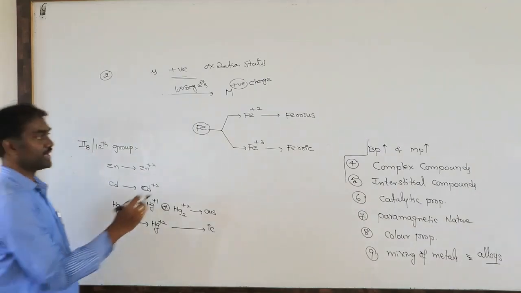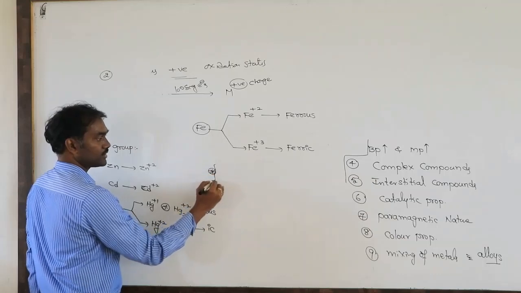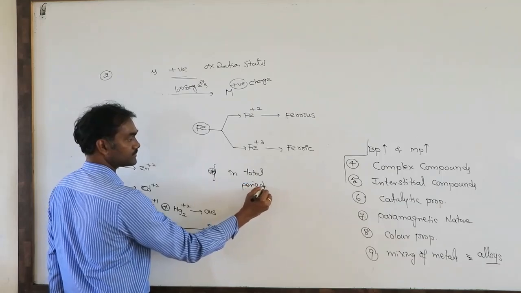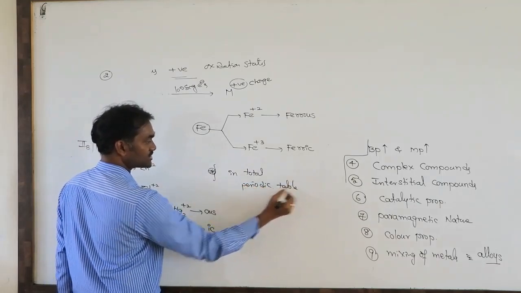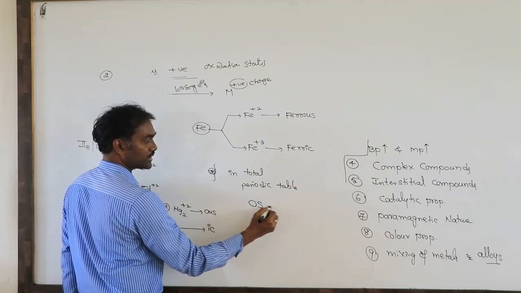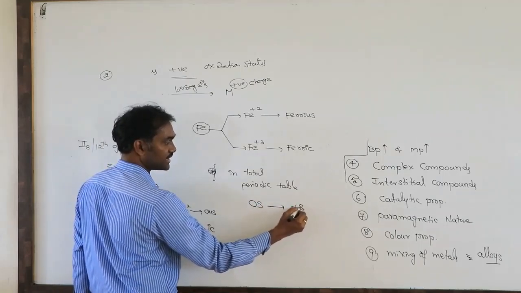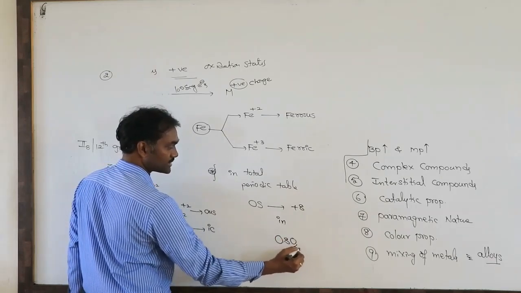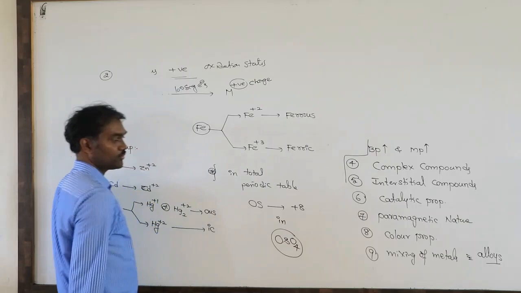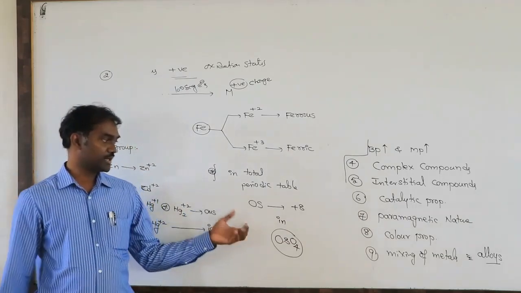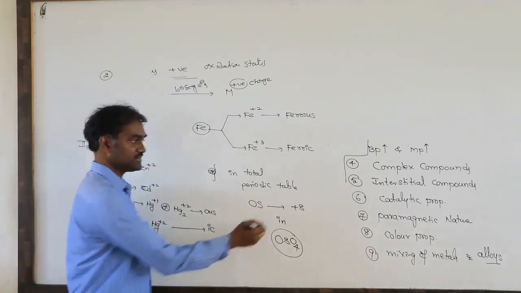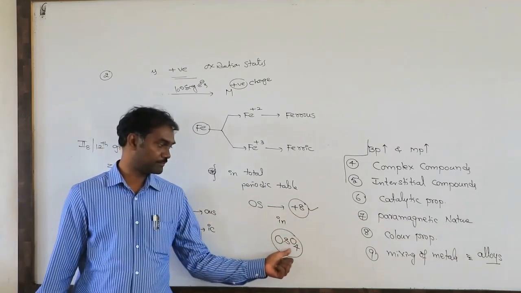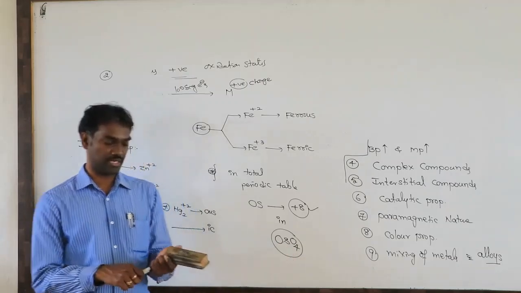Next, in the total periodic table, osmium shows the highest oxidation state, that is plus 8, in OsO4, osmium tetroxide. This is also important.